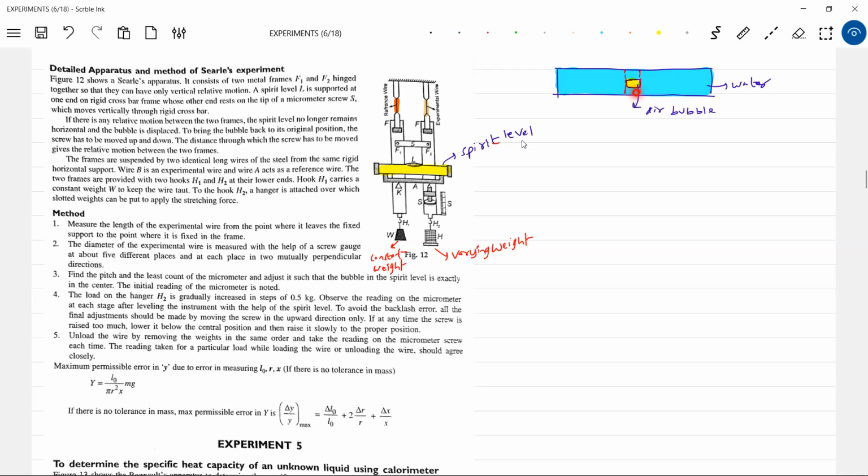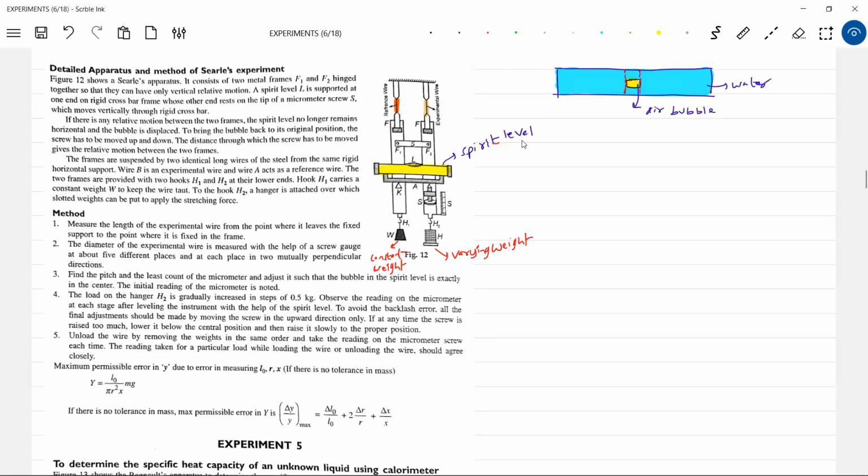If the air bubble is exactly between the markings, then it is horizontal. If you tilt it, the bubble will move in this direction, and if you tilt the other way, the bubble will be here. To say a surface is horizontal, the bubble must lie within that marking.